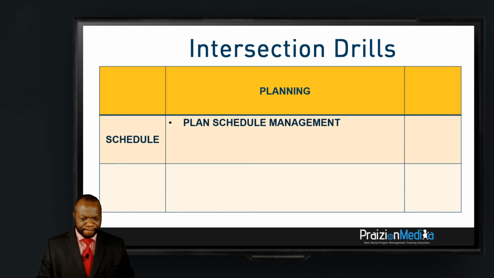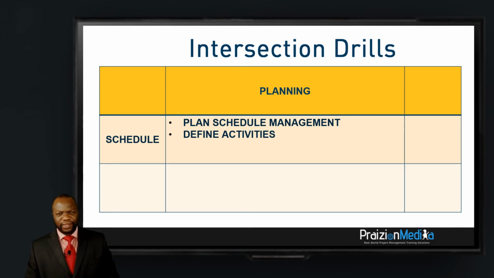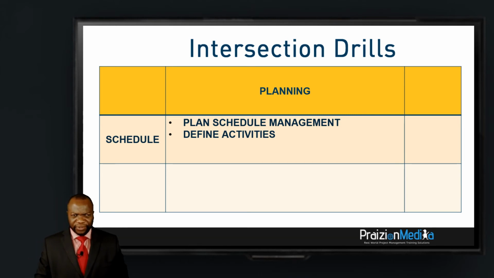schedule. The next one is define activities. From here you get the activity list. From here you get activity attributes and the milestone list.